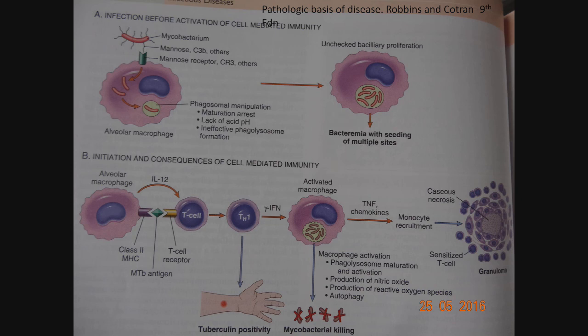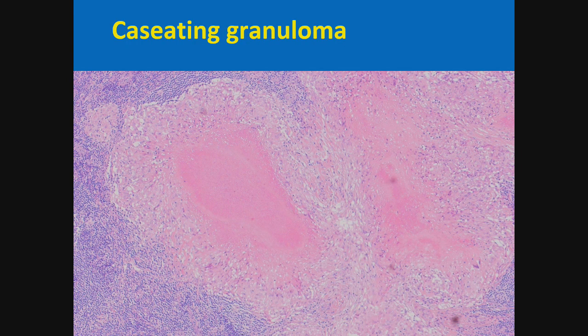This activated macrophage also produces a lot of chemokines and inflammatory mediators, and that leads to the formation of the granuloma as well. You don't have to learn all these things, but this is to give an idea of how it works. So in tuberculosis, there is a caseating granuloma.